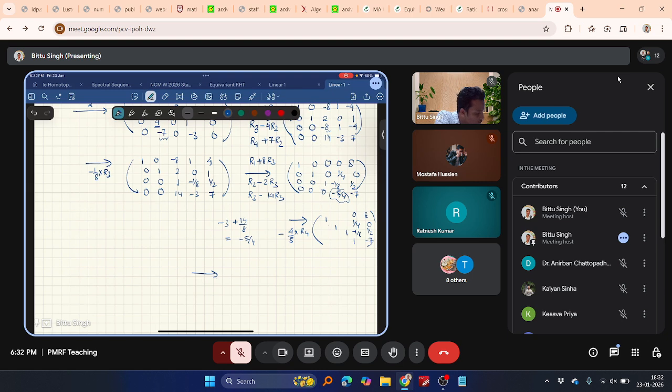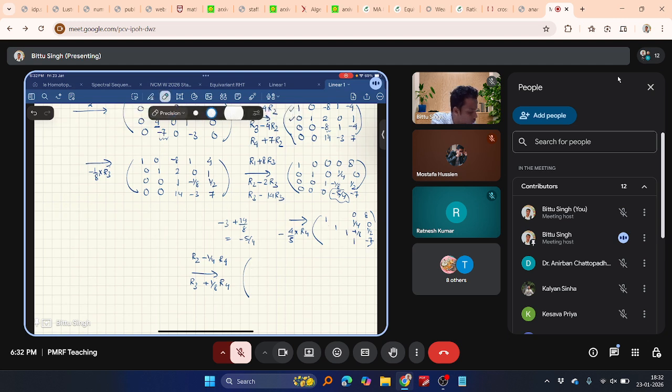So it is R2 minus 1/4 times R4, R1 minus 1/4 times R4, and R3 plus 1/8 times R4. So the first part will become the identity matrix.